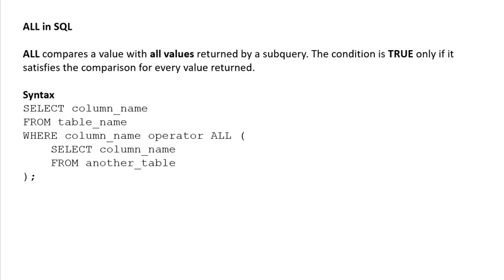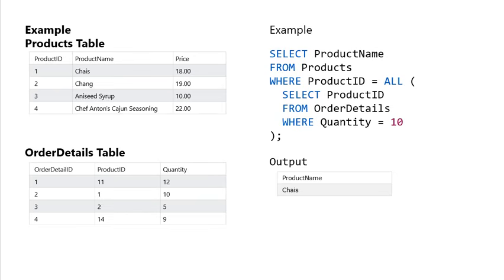Let's check the example. This example has a Products table to show ProductID, ProductName, and Price, and the OrderDetails table to show OrderDetailID, ProductID, and Quantity.